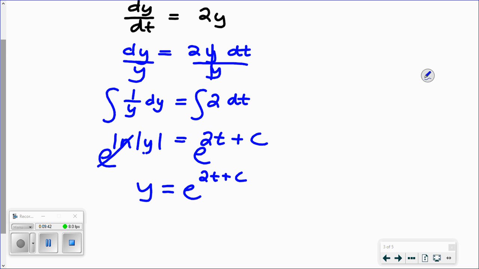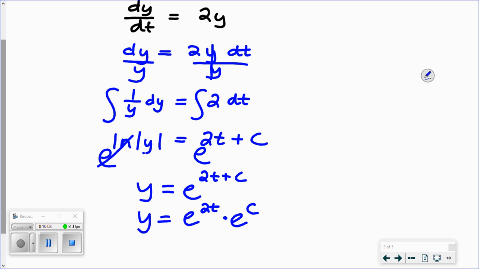Now you guys, instead of leaving that plus c in the exponent, we're going to use our properties of exponents, and we actually did this in the previous lesson. We can rewrite e to the 2t plus c as e to the 2t times e to the c.